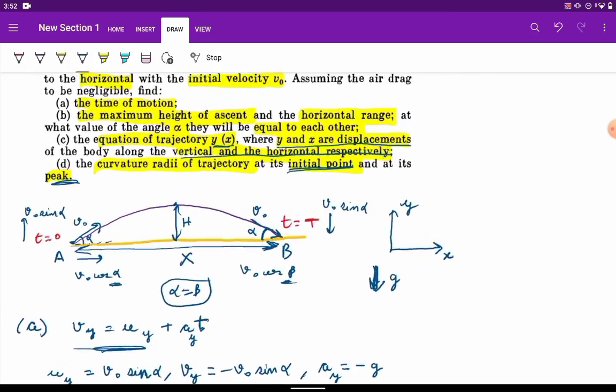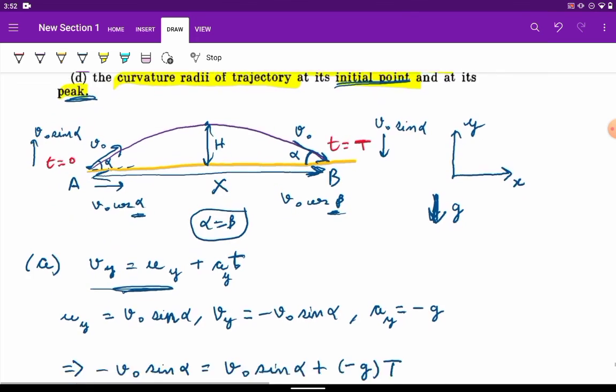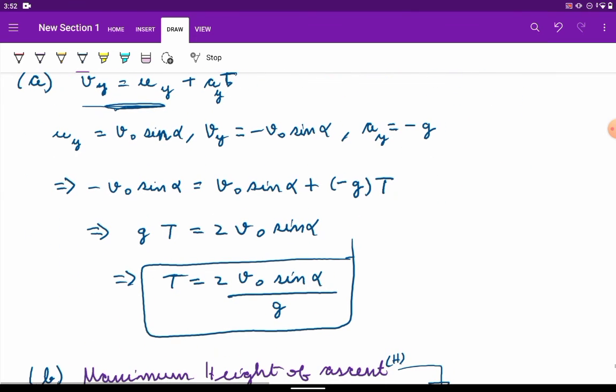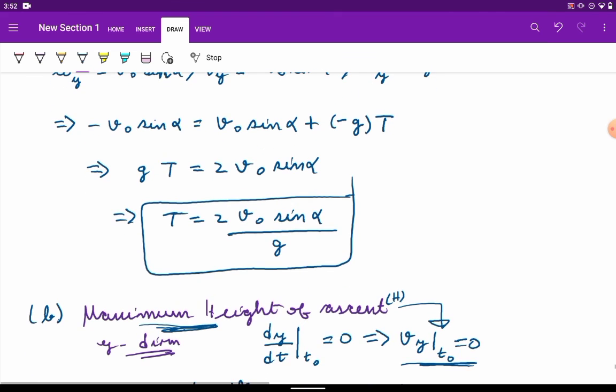This is a very crucial problem, and I would suggest that you remember some of these values because they would help in later problems. The time of motion is twice the vertical component of velocity by g.